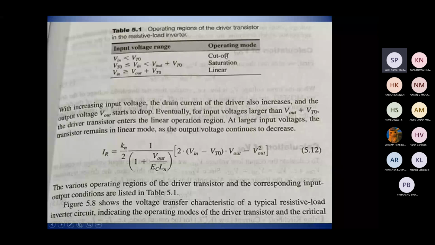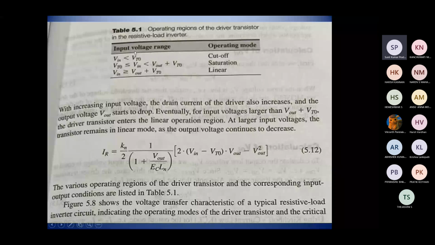If the input voltage is greater than the output voltage plus the threshold voltage, then it is operating in the linear region. So these are the conditions we have to consider, because the input voltage determines the operating mode of the driver transistor in the resistive load inverter.